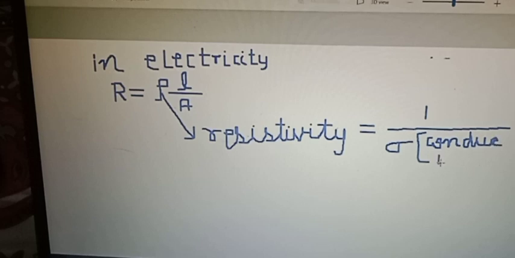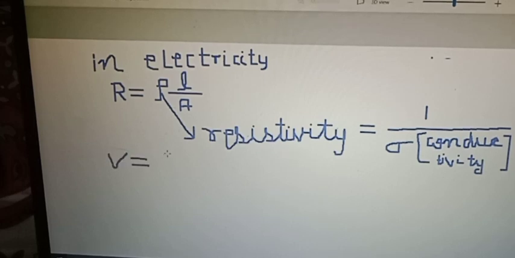All right, resistivity is rho, and it is equal to the reciprocal of conductivity. In electricity, there is conductivity also. We don't study it in class 10th, but it is there in class 12th.